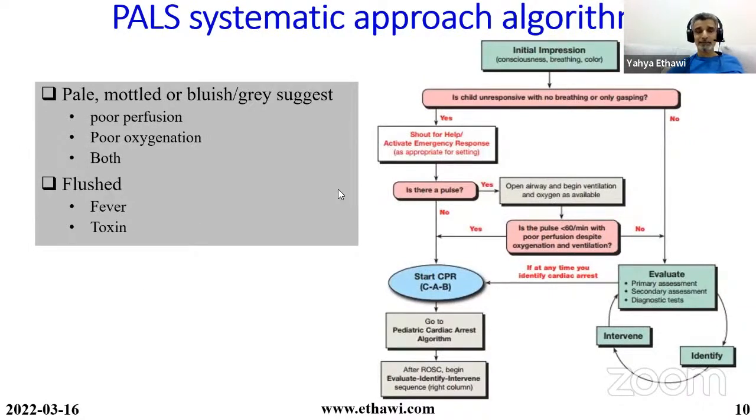The color is either pale, mottled, bluish, or gray. When you see this, it means poor perfusion, poor oxygenation, or both. When you see flushed color, a hyperemic patient, it is either fever or toxin: snake bite, medications, environmental exposure, whatever toxin is causing the flush.